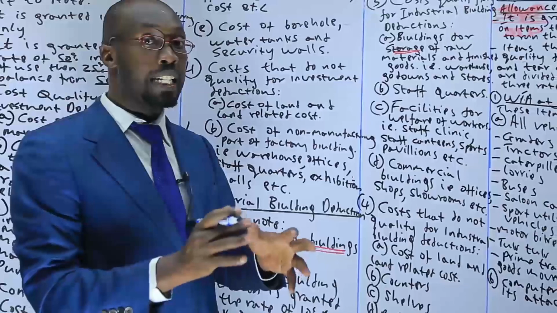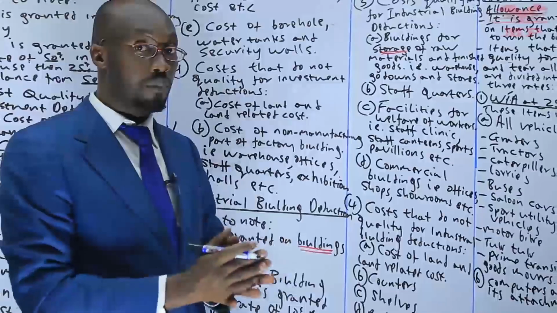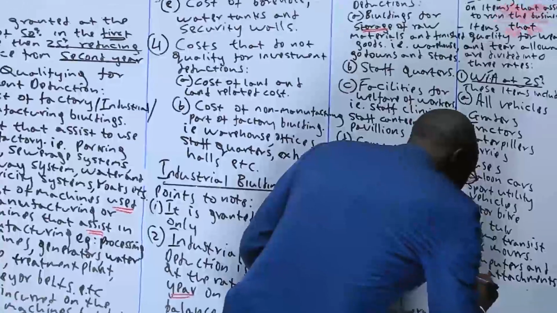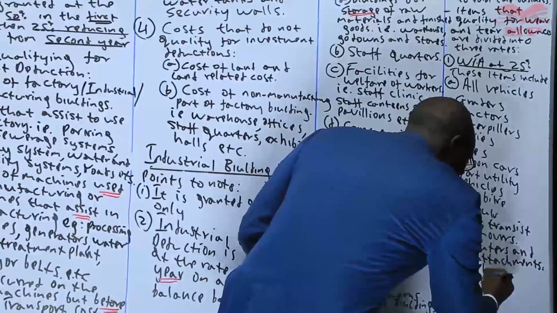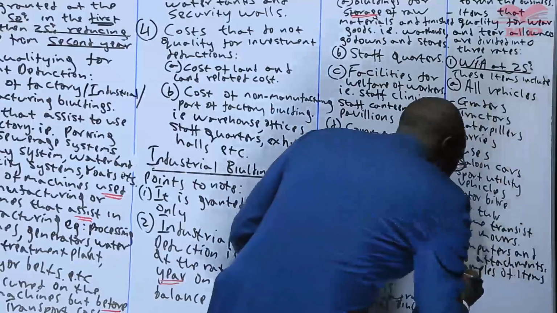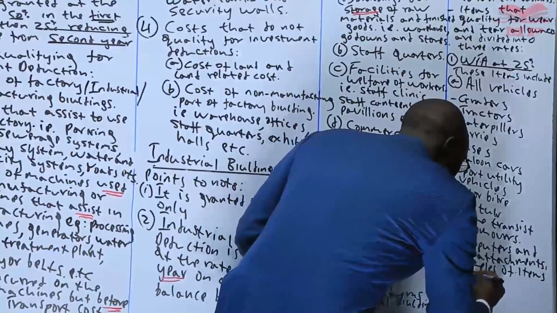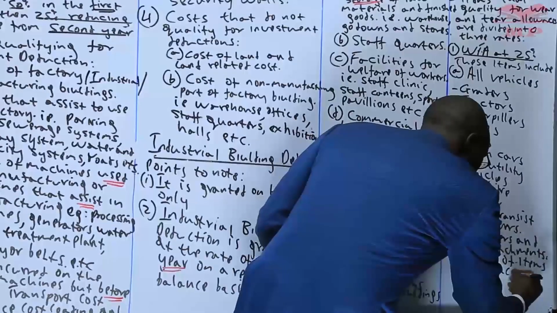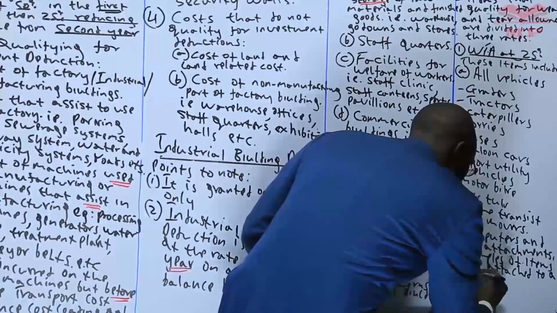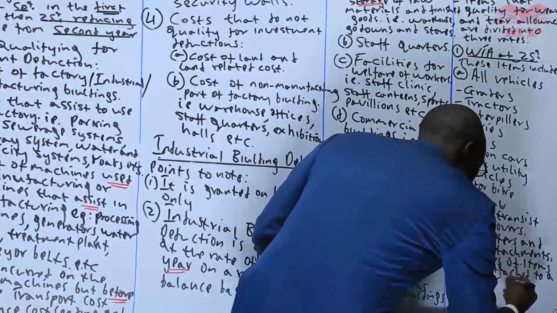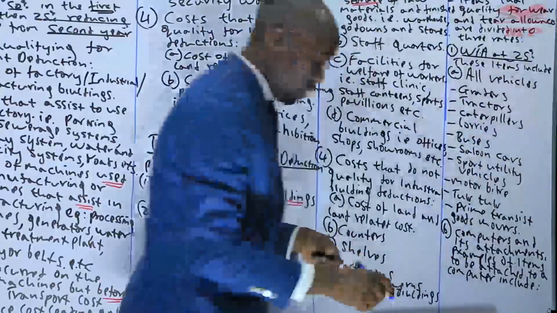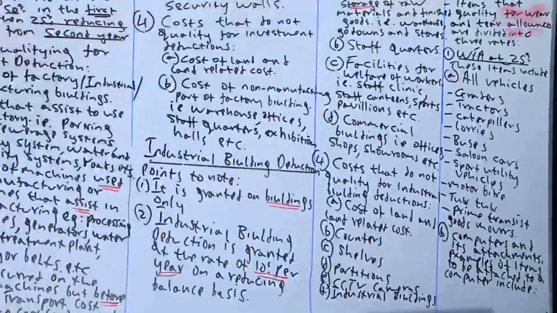When you talk of items that are attachable to a computer, there are several. So let us name a few of them. Examples of items to be attached to a computer include, so I want us to list them here.